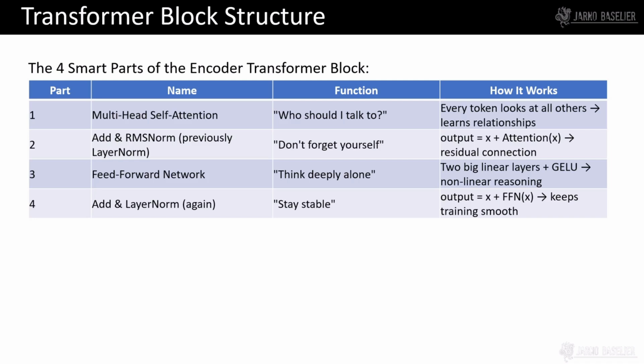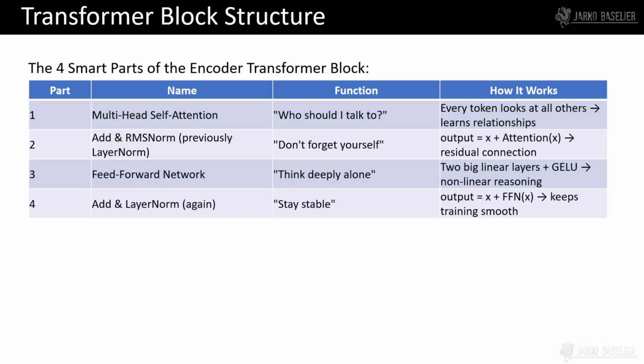So every token compares itself to all the other tokens using attention scores. Important tokens get more weight, unimportant tokens get less weight, and multiple attention heads do this in parallel, each focusing on different types of relationships, for example, syntax, meaning, or positioning.